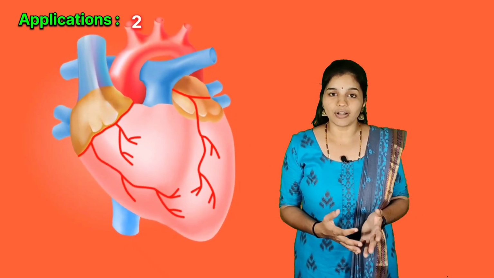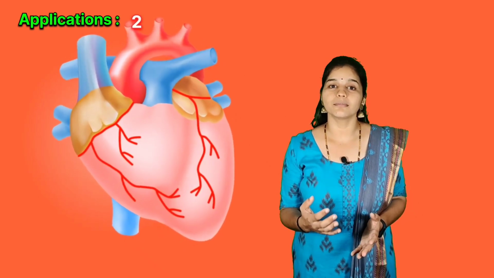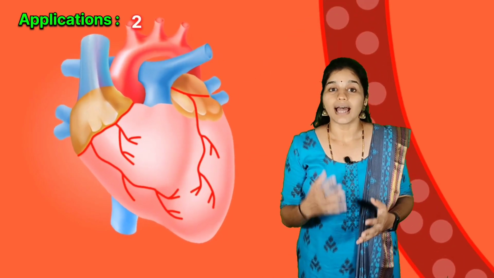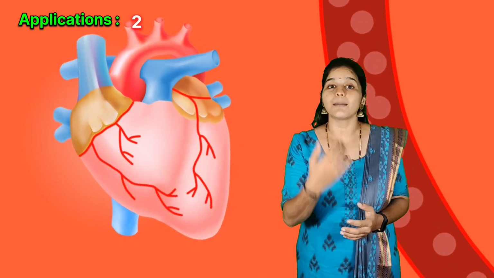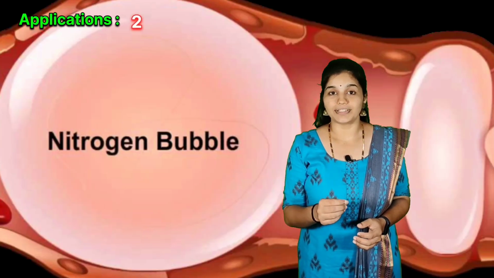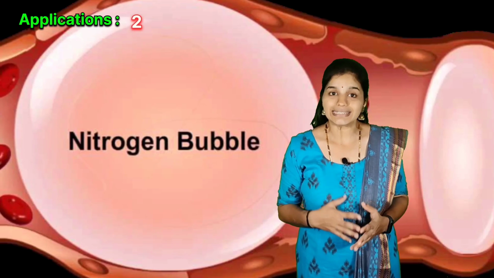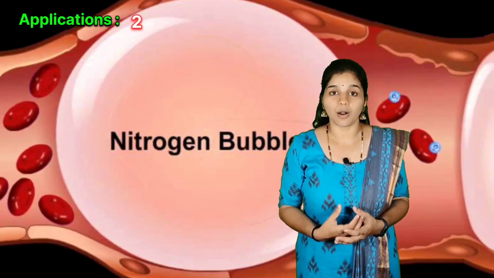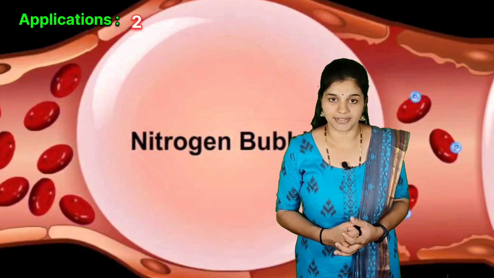Oxygen, which is dissolved in blood, will be used for many of the metabolic processes. But nitrogen? So, as the scuba divers come up to the surface, solubility of nitrogen will decrease and these nitrogens will be coming out of the blood as bubbles.